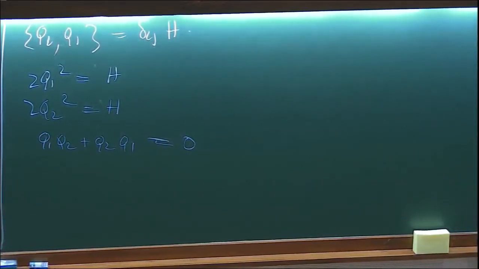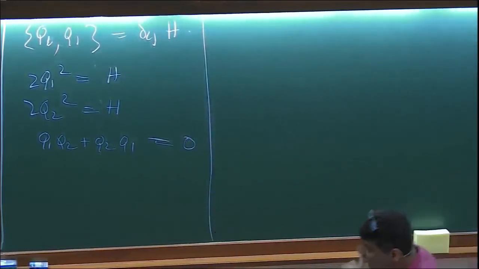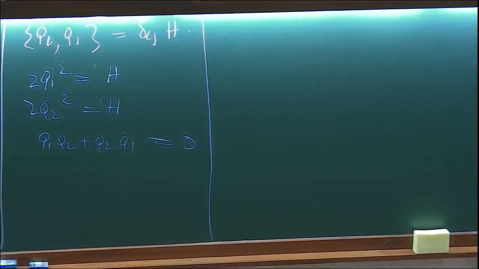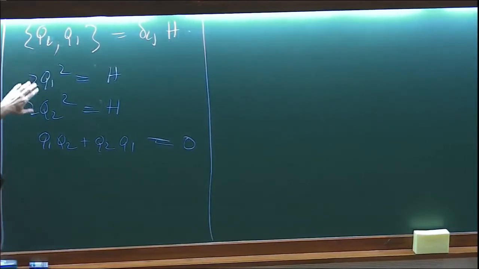Okay, excellent. Now, why is this important? You see, important or not is certainly interesting. It's interesting because the Hamiltonian is the square of another operator. And it's also interesting because what's happening here is that you've got three Hermitian operators in the game, Q1, Q2, and H, and they obey a sort of Lie algebra between themselves.